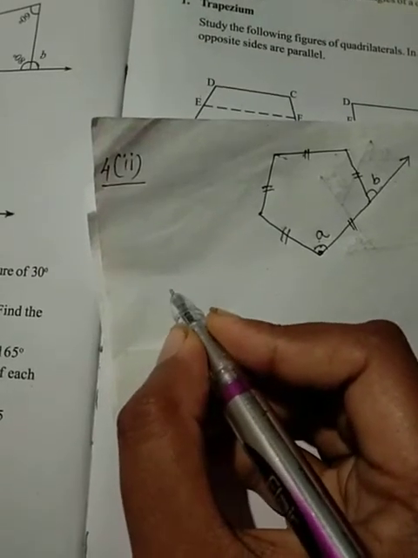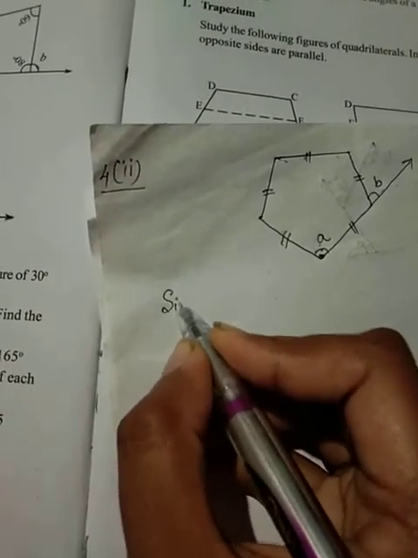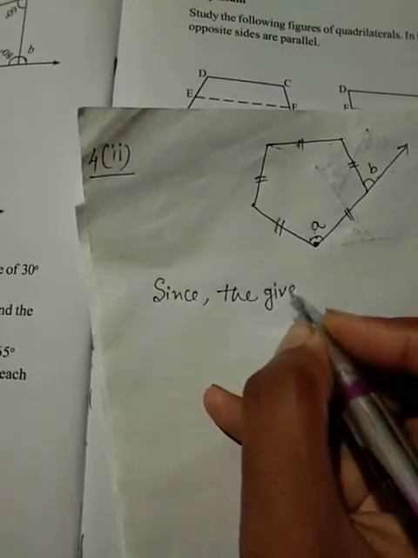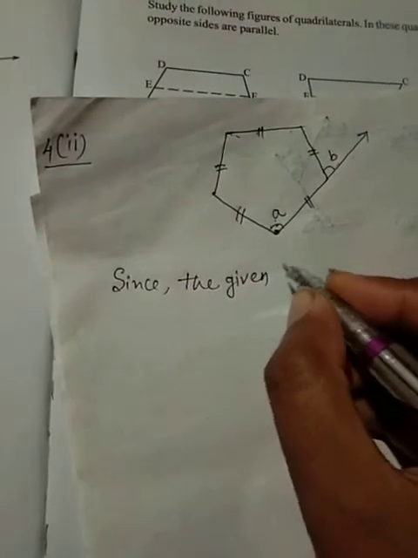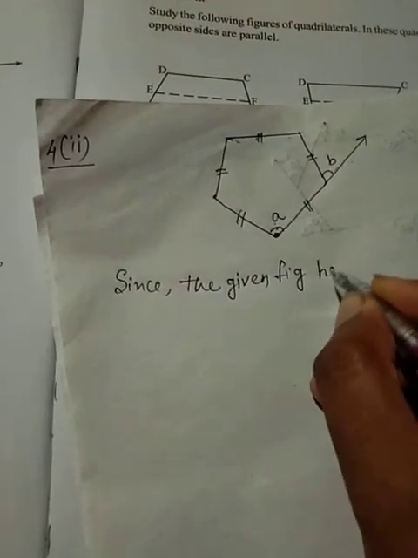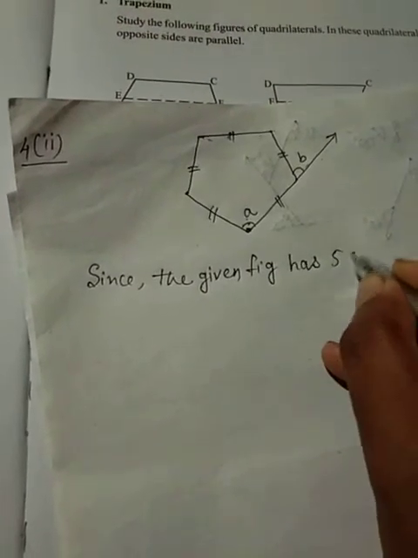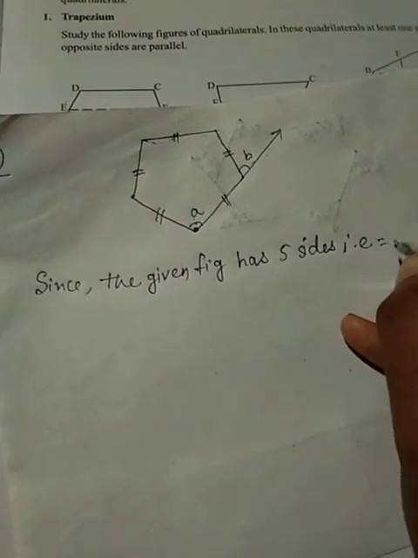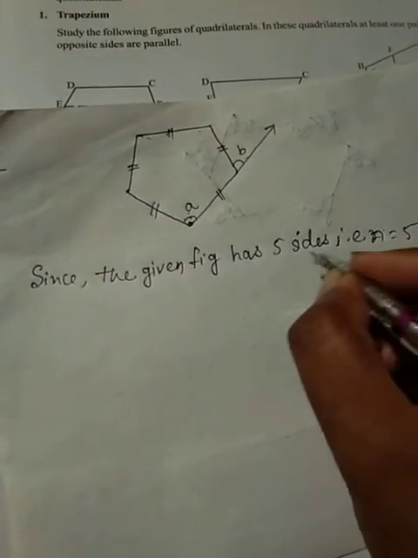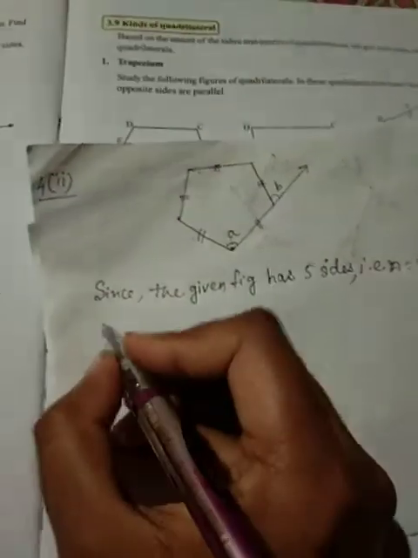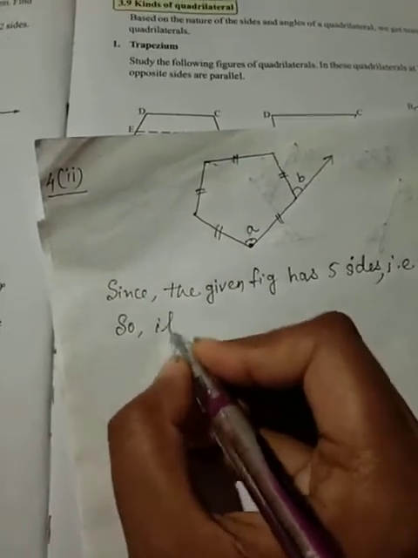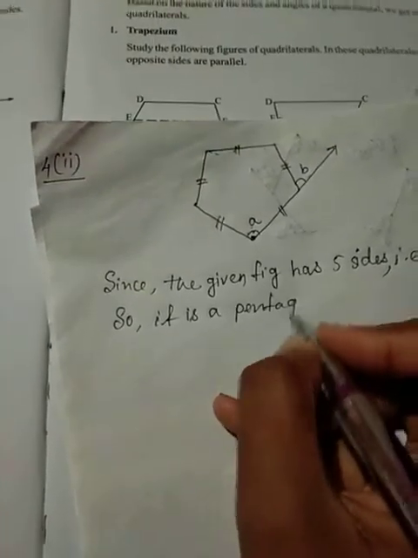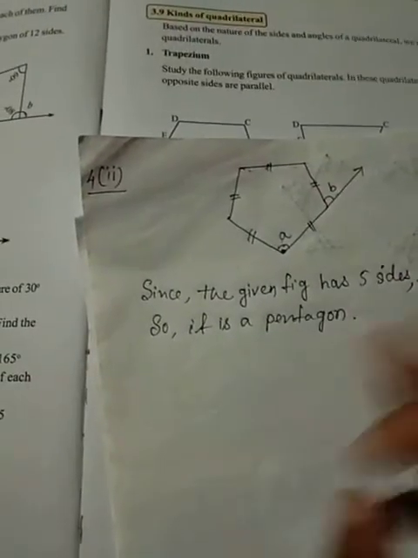Now since the given figure has 5 sides, that is n equal to 5. So it is a pentagon.